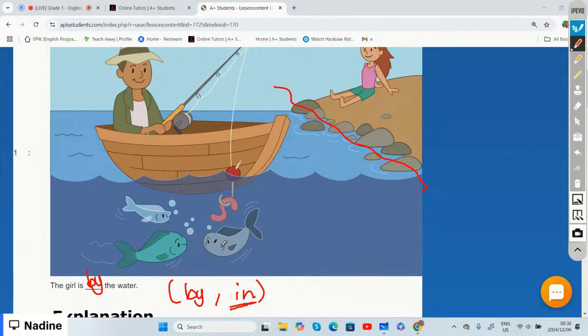So we can say that she is by the water, but she's not in the water. So by is correct. Yes, well done. The girl is by the water. So by is correct, not in.